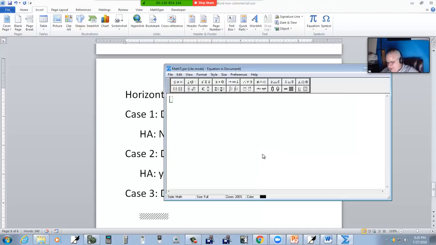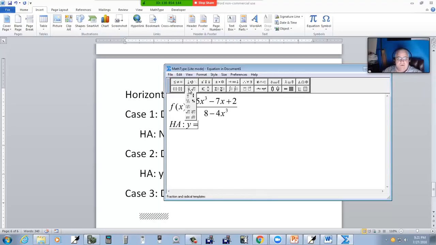Okay, so we've got f of x. Actually, that's probably not too bad. You can probably see me actually typing in that one. 5x to the third minus 7x plus 2 over 8 minus 4x to the third. Horizontal asymptote will be y is equal to 5 over -4.